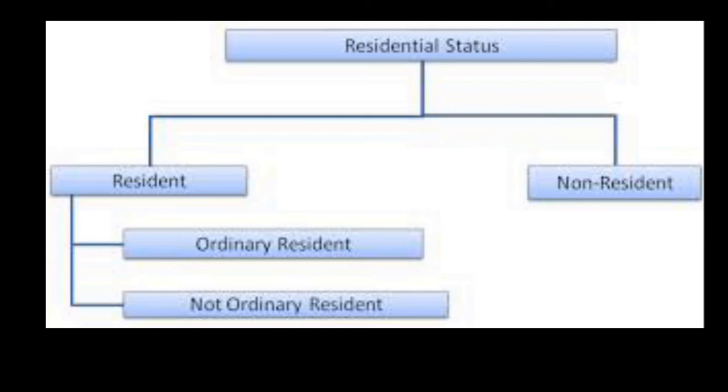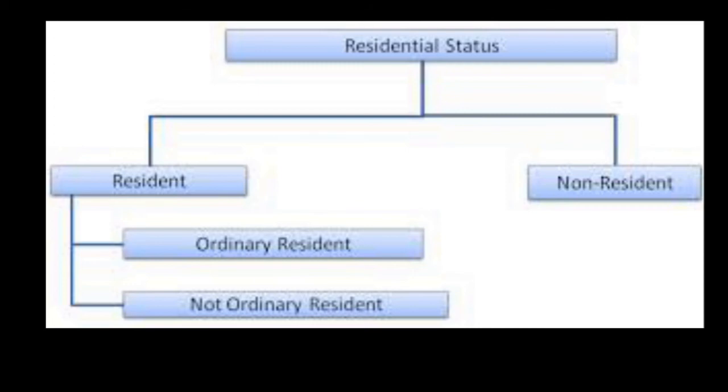In all these three cases, the second condition changes. That is, the person who is in India for a period of 365 days out of four assessment years just preceding the relevant previous year, and is in India for a period of 182 days or more in the relevant previous year. These are the two basic conditions.